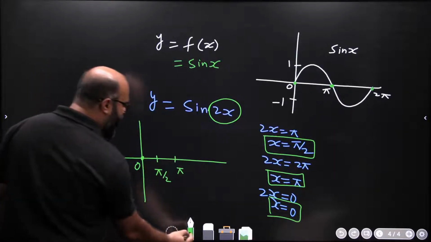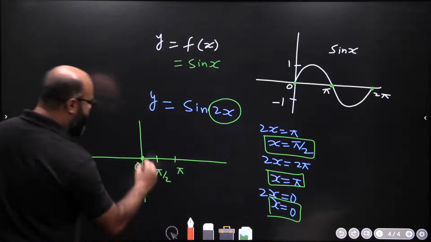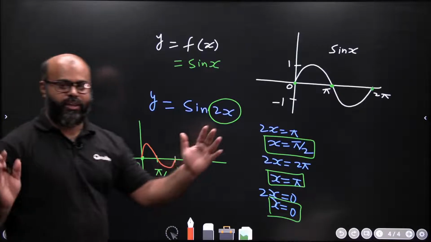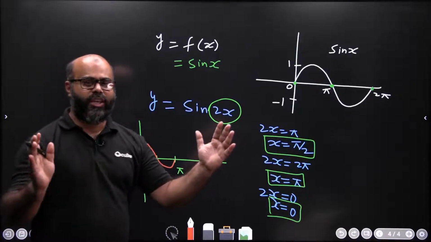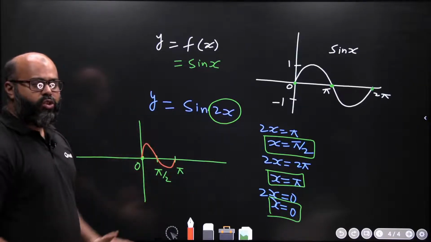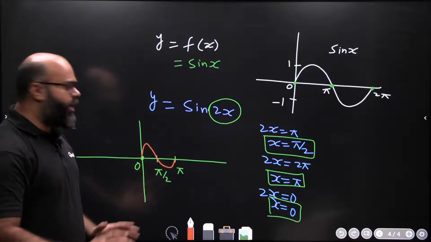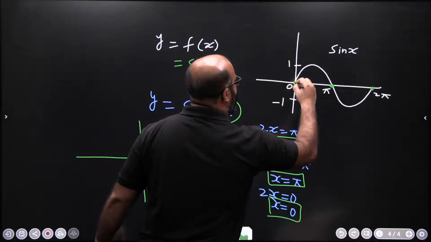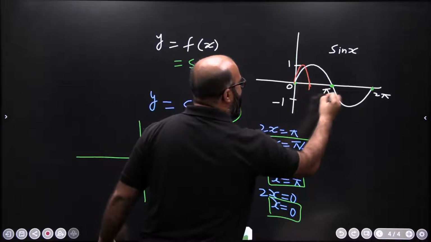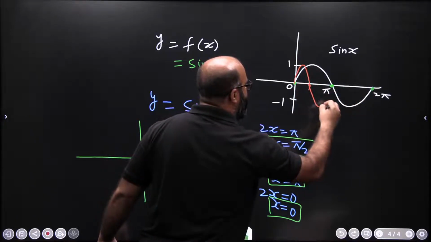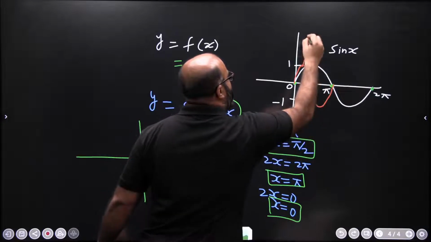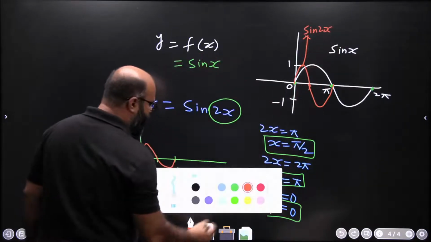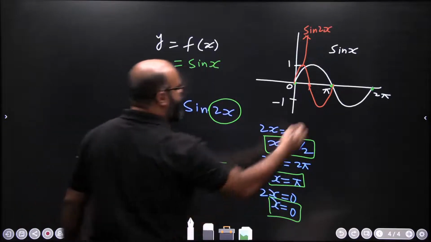When you draw the graph, it will go in this manner. So it has shrunk, as you can see clearly. If I plot both graphs on the same axes, this point has come here, and it would be like this. So this is the graph of sine 2x, whereas the white one is the graph of sine x.